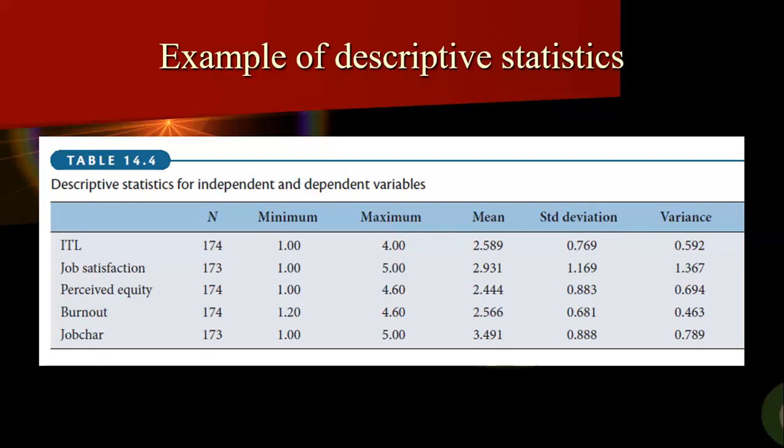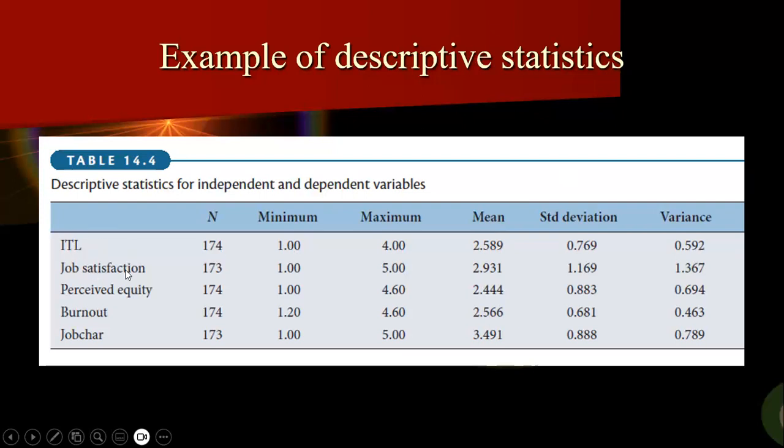Each observed value of the variable is deviated from the mean value by 0.769, right? The standard deviation and the variance both show the average variation, the deviation of the observed value from the mean value. So this is the description of the ITL.